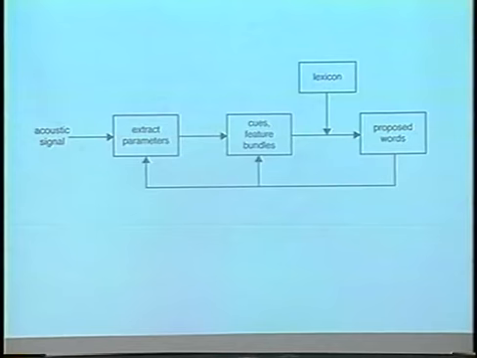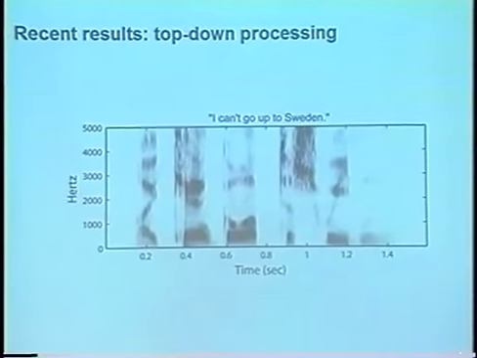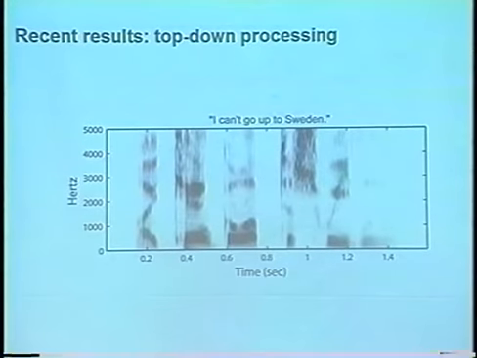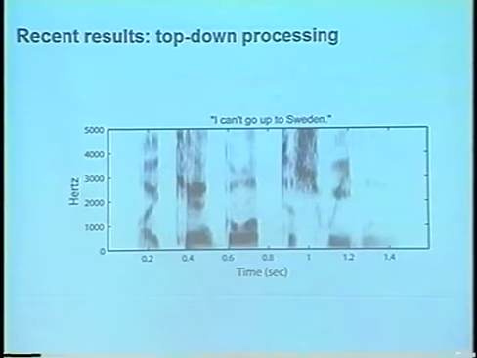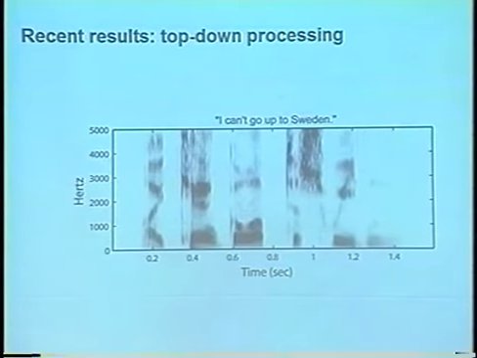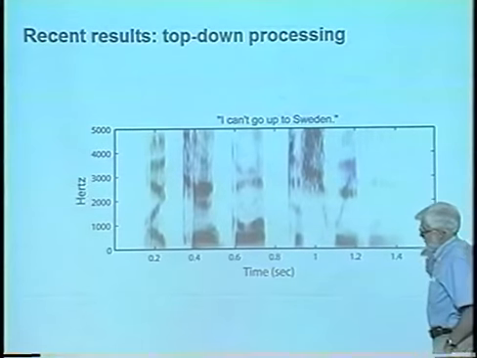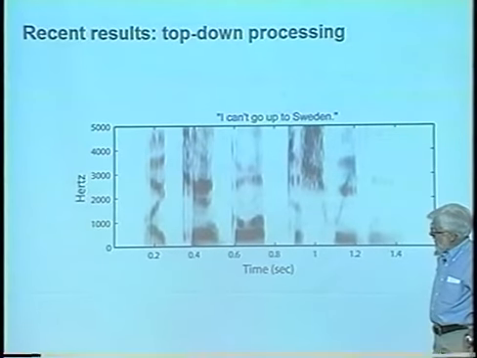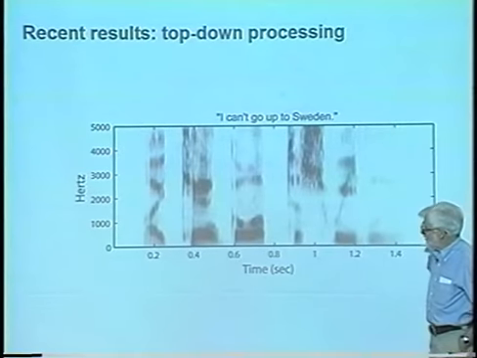There are a couple of things that were done at our lab that began to use this top-down processing. One of them had to do with identifying the place of articulation for stop consonants. So here's a spectrogram of an utterance, "I can't go up to Sweden." And that's an utterance we're using because it has some of this overlap and some of these problems with variability, right?